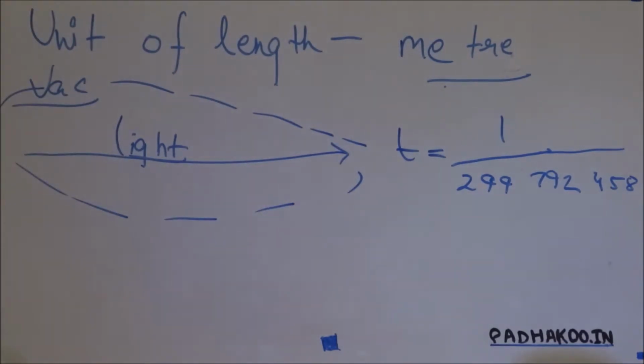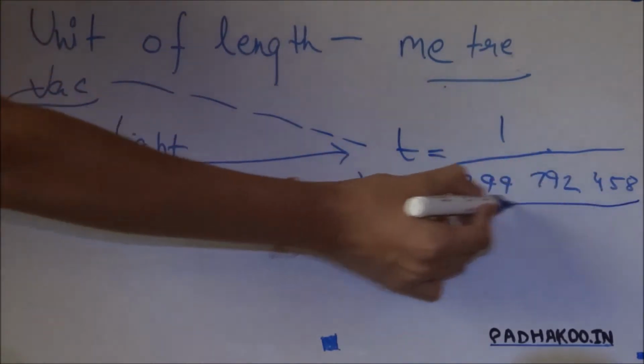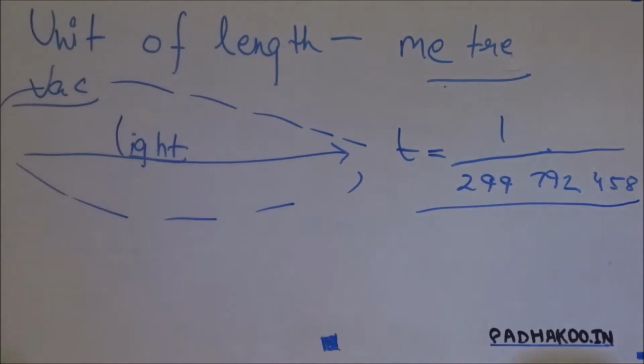So 1 meter is the distance traveled by light in vacuum during a time interval of this part of a second. You can imagine how fast that is.